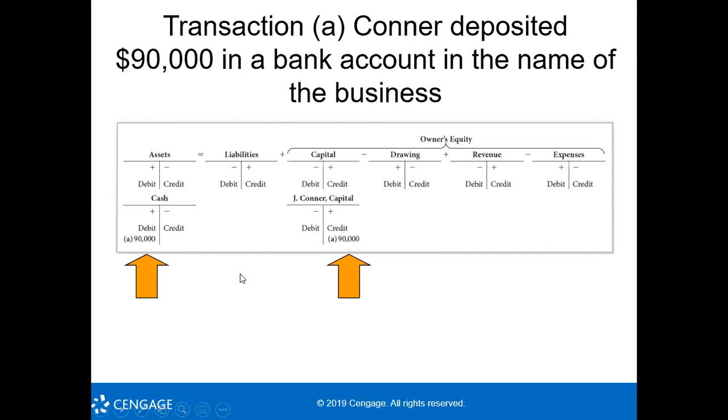But now we take that one step further and see how we would record this. We would have a debit to cash, a credit to owner's capital. Because remember, cash increases with a debit. So cash is going up, and then owner's capital, which is part of equity, increases with a credit. So owner's capital is going up.